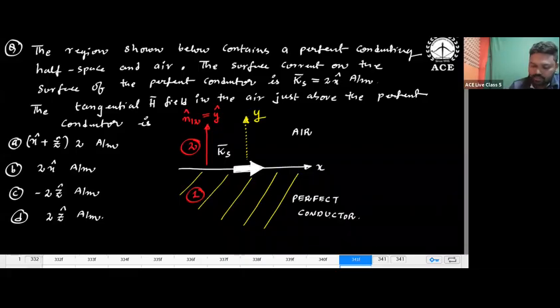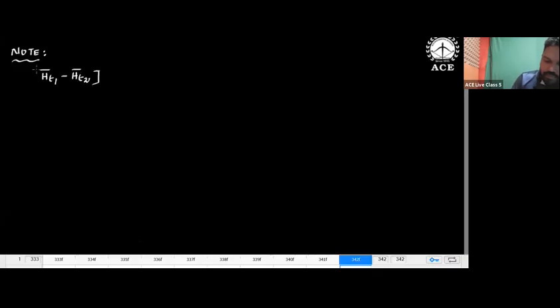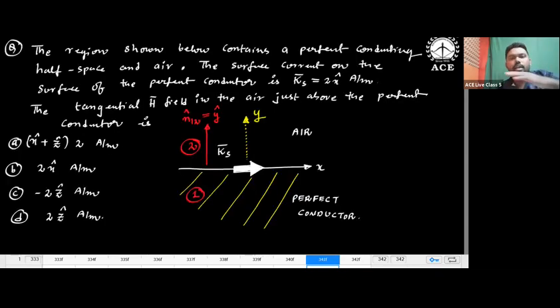Let me turn the page here. What is the note I have given? HT1 minus HT2 is equal to N12 cross JS. You need a tangential component in the air just above the conductor. Tangential component is required.